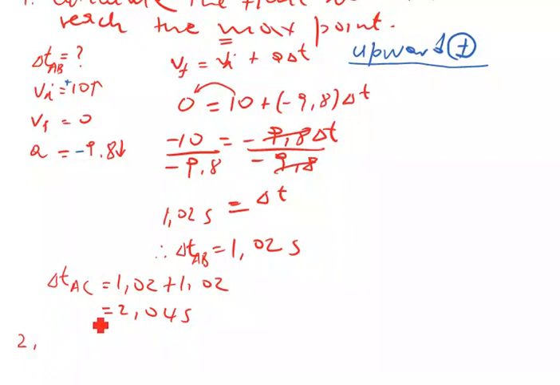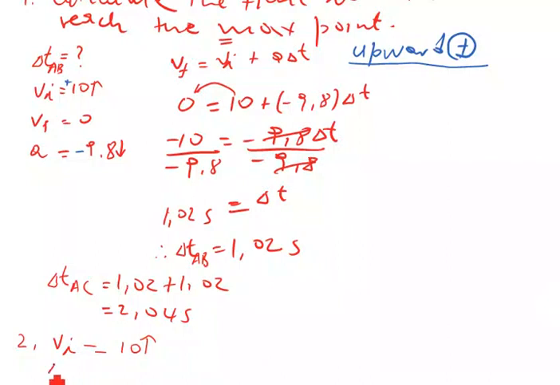We can also calculate it. Let's do it. Let's collect the data. We are given that the initial velocity is 10 upwards, right? Then we have the final velocity.